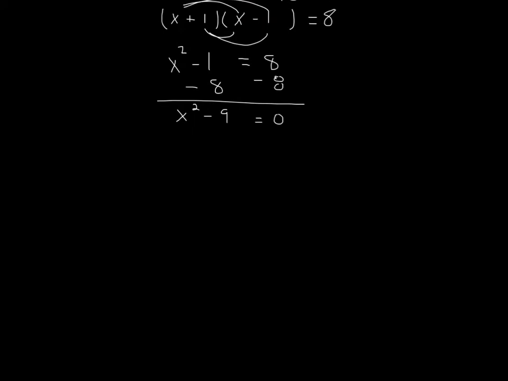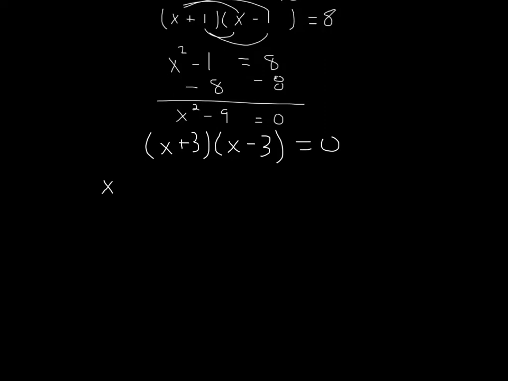Okay, and now that's a difference of 2 squares, right? So the x squared minus 9 is going to take us back out to x plus 3 and x minus 3. And we're going to set those equal to 0. So x plus 3 or x minus 3 is equal to 0. And if you want to find out what x can be, you take each part and set it equal to 0.